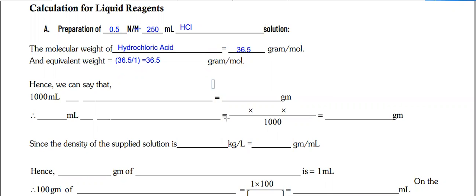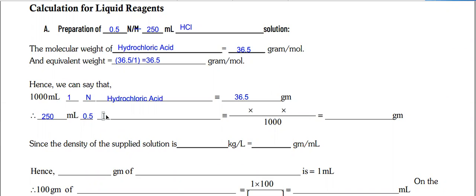Now let's use the formula. According to the formula, 1000 ml of 1 normal hydrochloric acid is equivalent to 36.5 gram. And we have to prepare 250 ml, and our normality is 0.5.